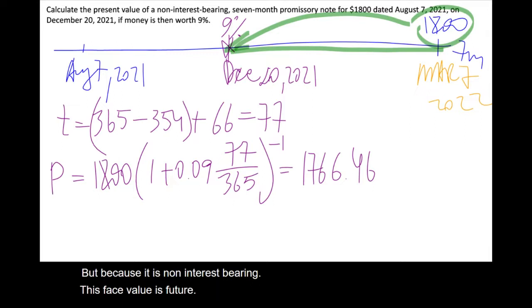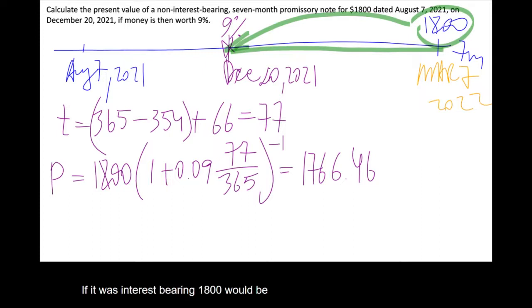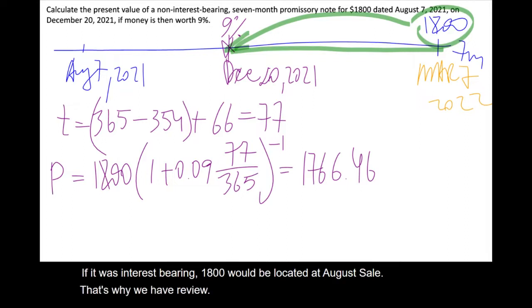What do you mean by that? If it was interest bearing, 1800 would be located at August 7. Ah, right. Sorry, it's been a while since we did this. That's why we have review. Yes, thank you. Any other questions, guys?